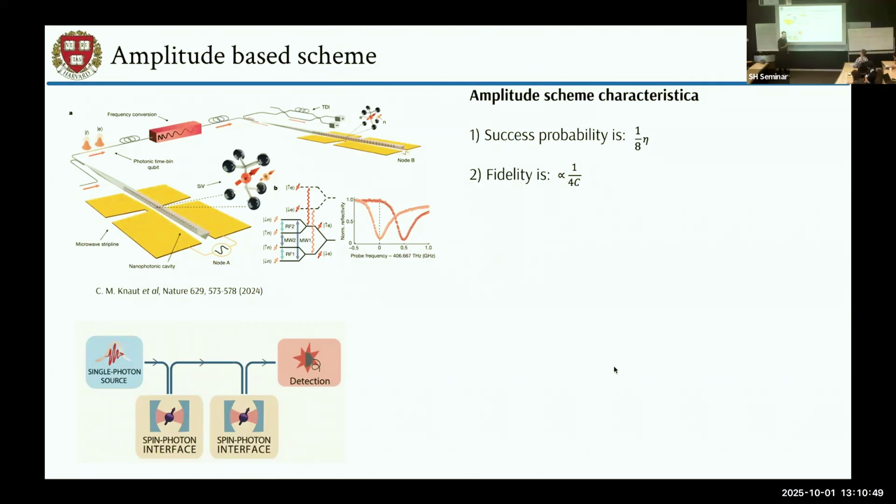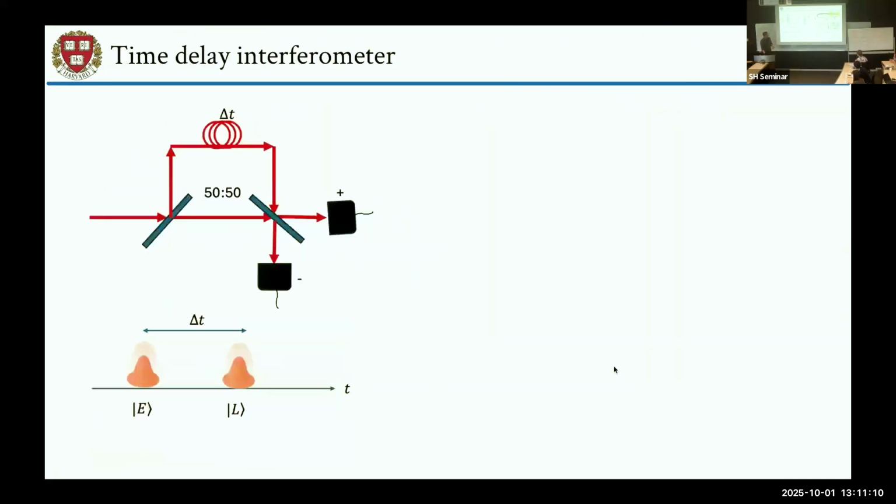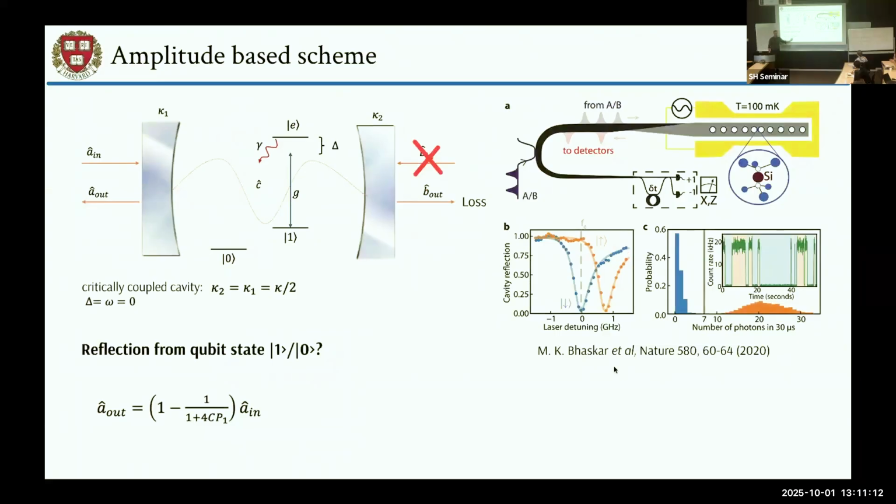Fidelity, we didn't really go carefully into, and we're not going to do it. Sorry, this is 1 minus, it's indeed another typo here. It's infidelity. So the infidelity goes as 1/4C, roughly. What I'm saying is that, as we saw, how well your interaction works depends on your cooperativity.